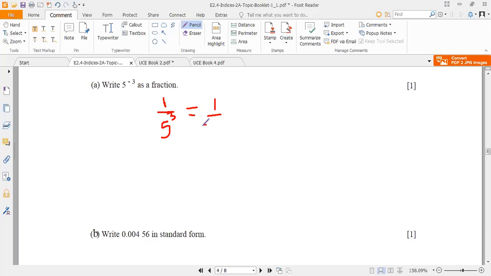It will be 5 multiplied by 5 multiplied by 5. And finally, what is 5 times 5 times 5? Is it 125 or 225?